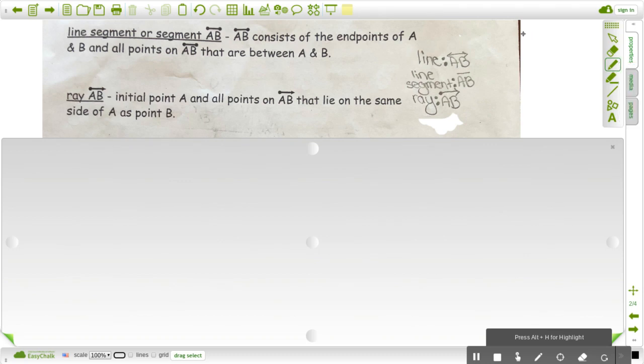What I mean by this is, if you draw a ray like this, for example, it's A, B. You obviously write it A, B.